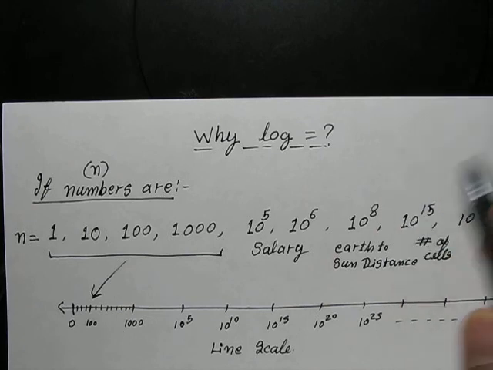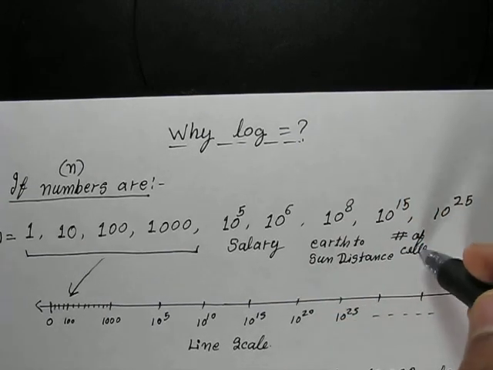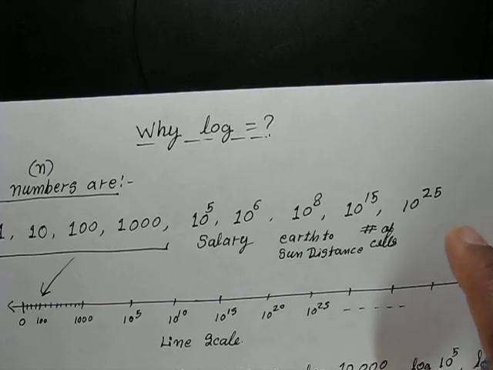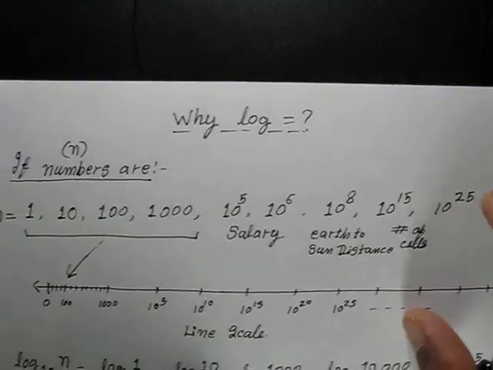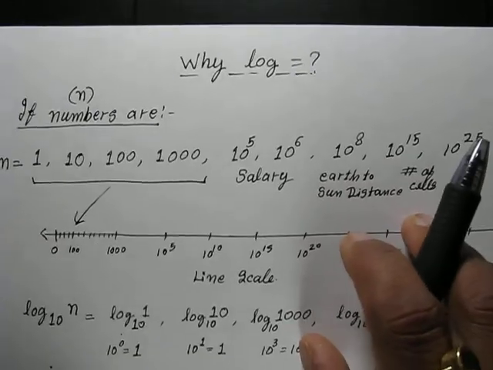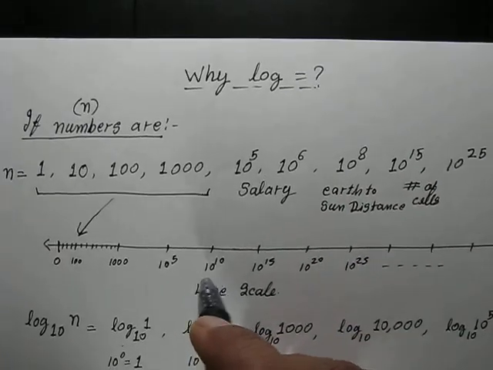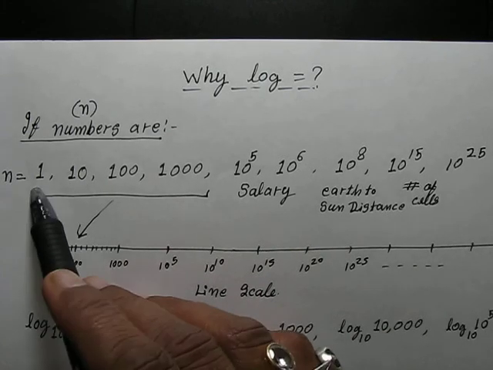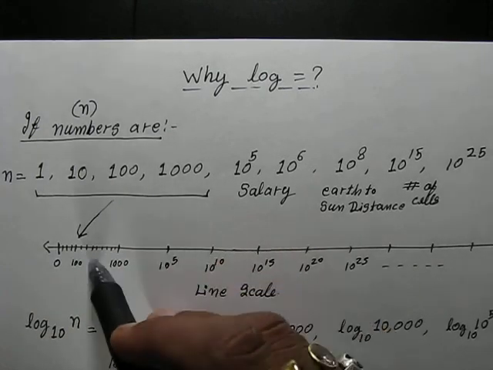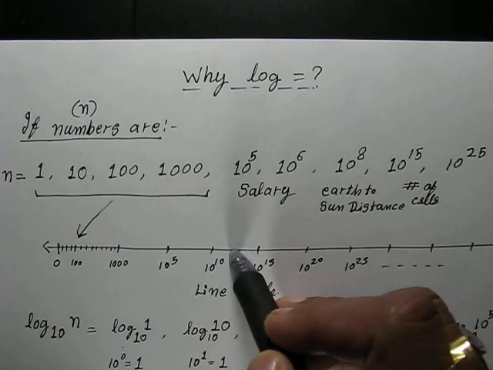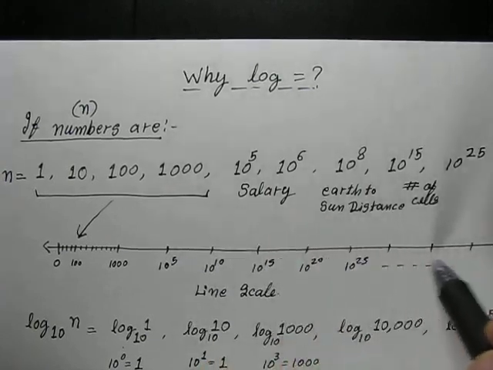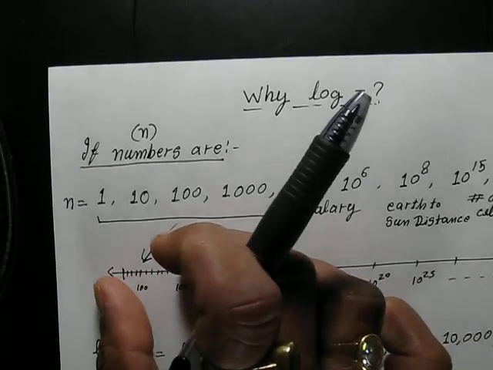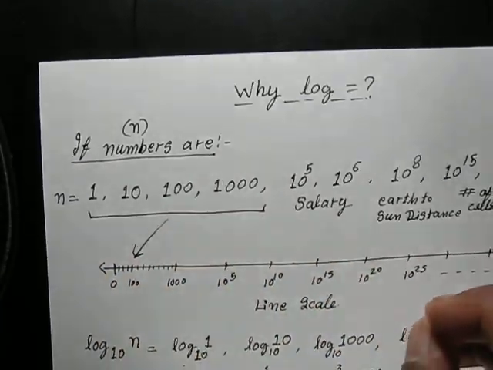The number of body cells is 10 to the power 15, and some other numbers are 10 to the power 25 or more. If we plot all these numbers on one line scale, our scale will be very uneven. All the small numbers within 1 to 1000 will be bunched here, and the remaining powers of 10 will be on a very big scale. So everything will be here and it will be very hard to read.